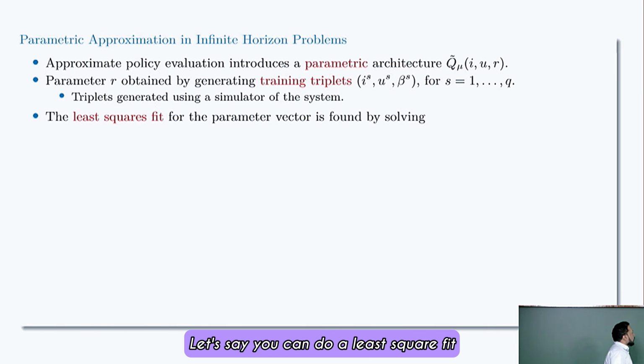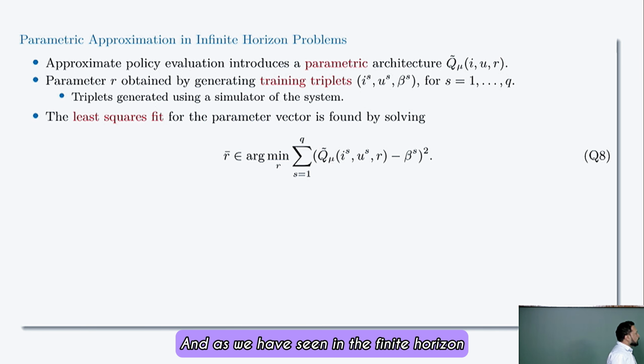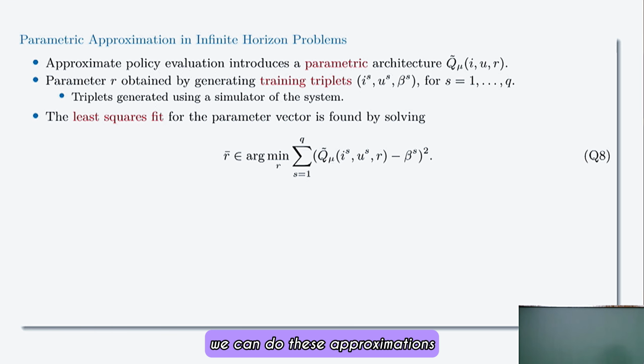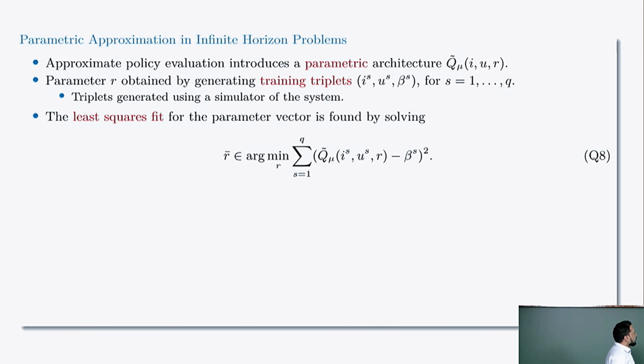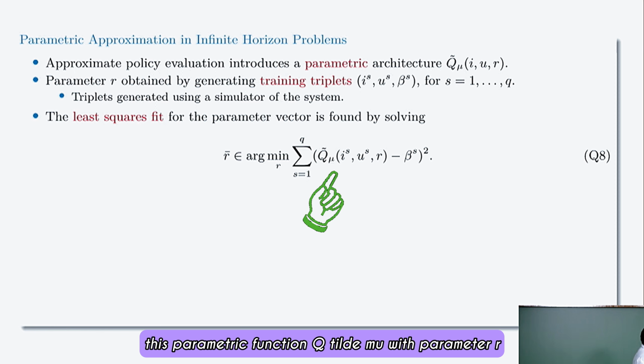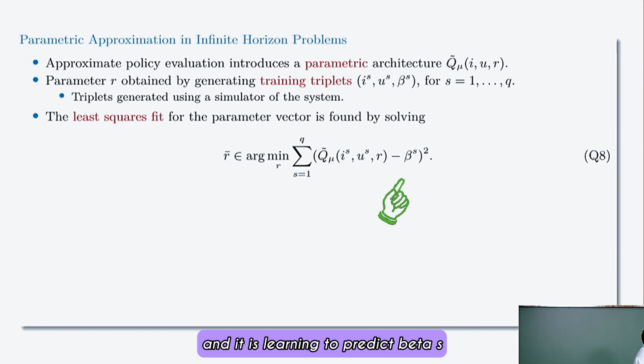Let's say you can do a least square fit, and as we have seen in the finite horizon case in the last class, we can do these approximations. Okay, so as I said, beta_s is the label here, and you are trying to fit this parametric function Q tilde mu with parameter r, and it is learning to predict beta_s.